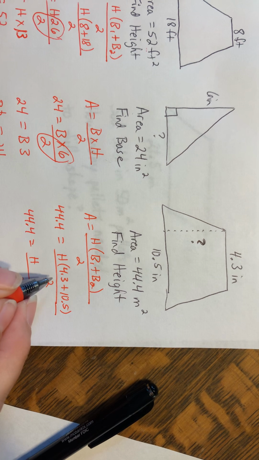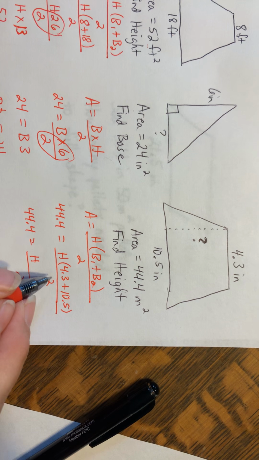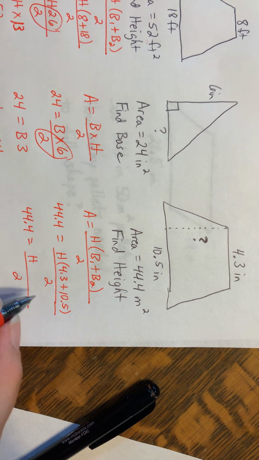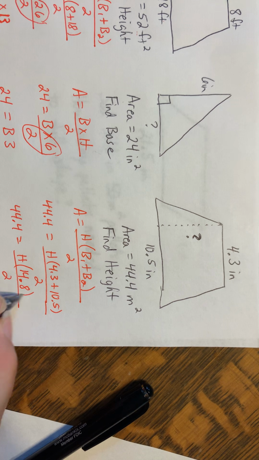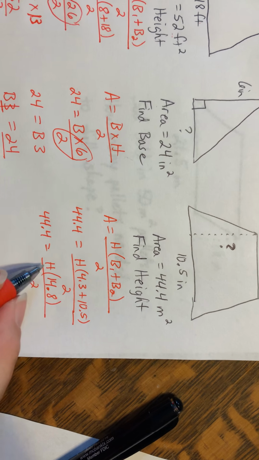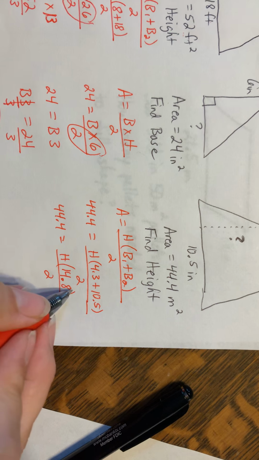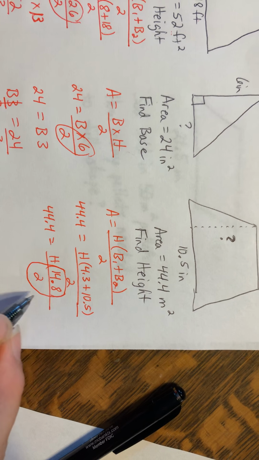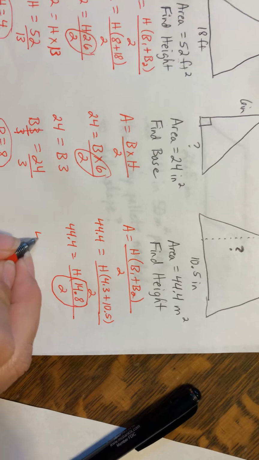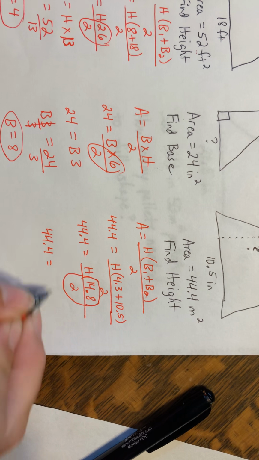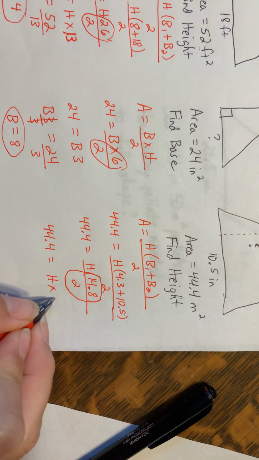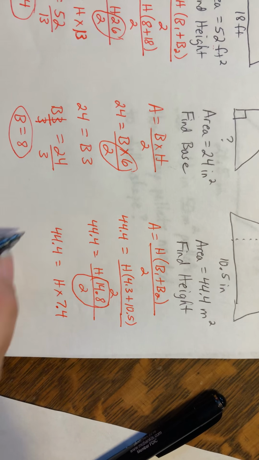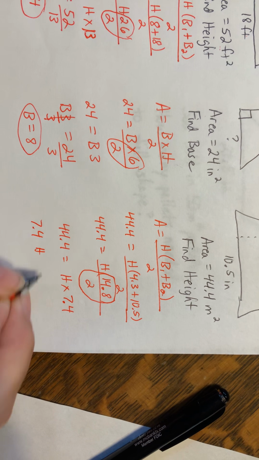So 4.3 and 10.5 is going to get me 14.8. I can't multiply by H because I don't know what it is yet, but I can divide the 14.8 by 2. And that's going to give me 7.4. I'm going to flip it so I have the letter on the left.